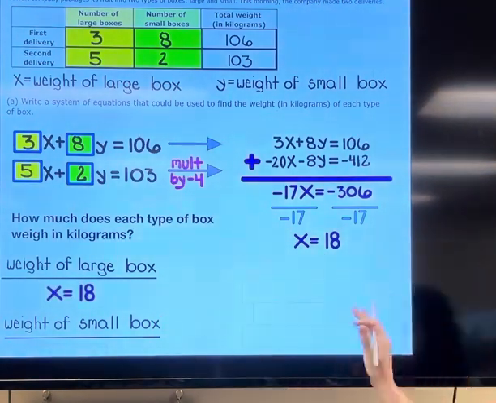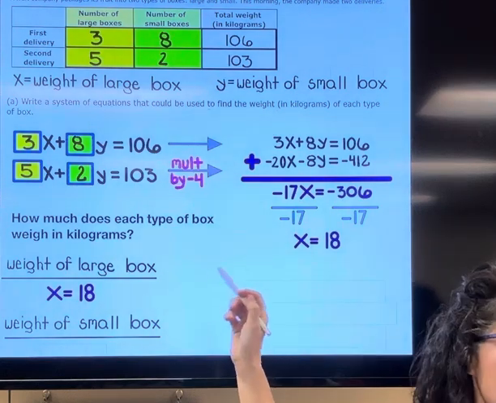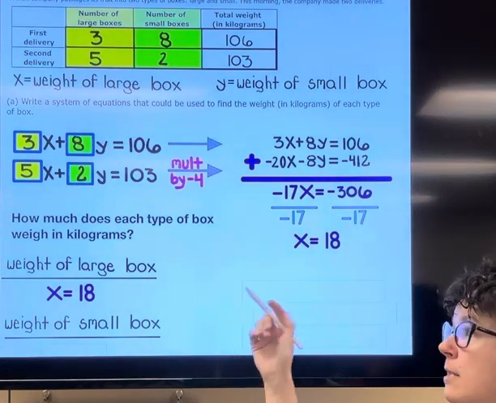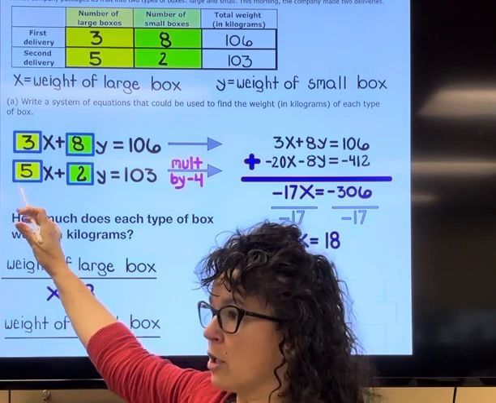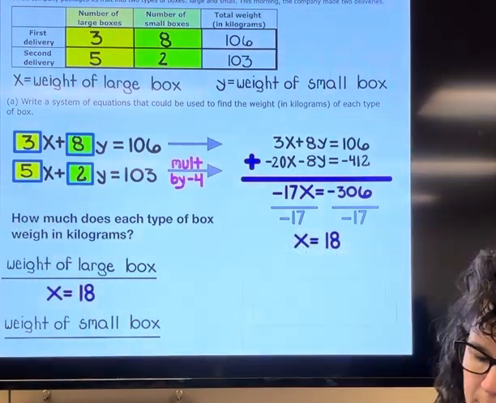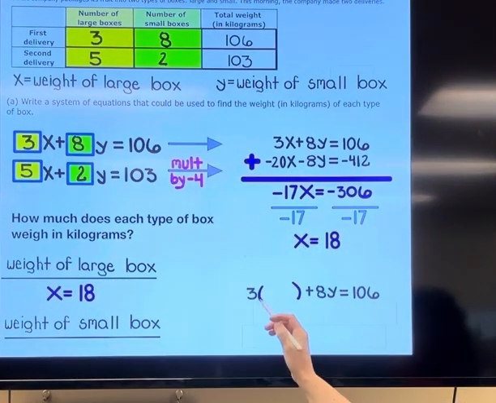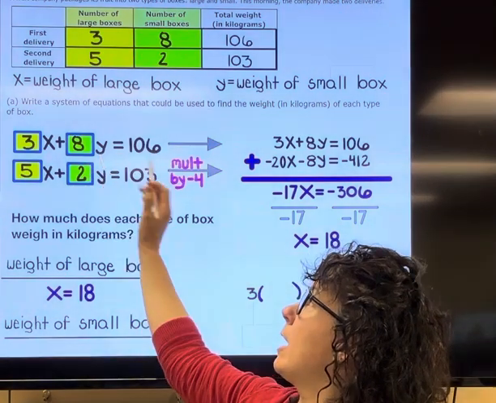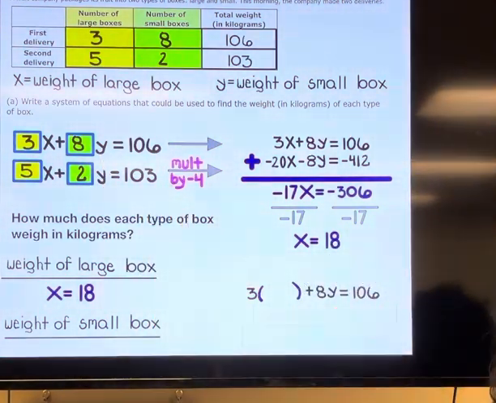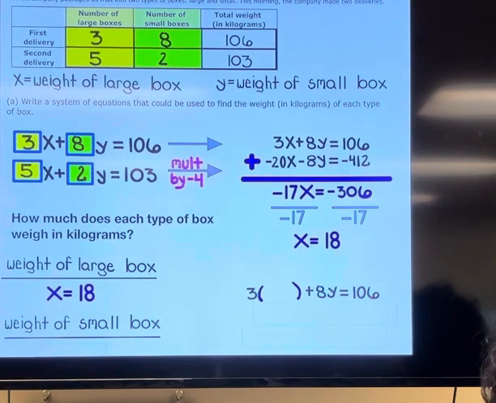Okay, then to finish this off, I can go back to either one of the original equations. It doesn't matter which one of these original equations I grab for no particular reason. I'm just going to grab the 3x plus 8y equals 106, and I'm going to take that 18 and put that in there.